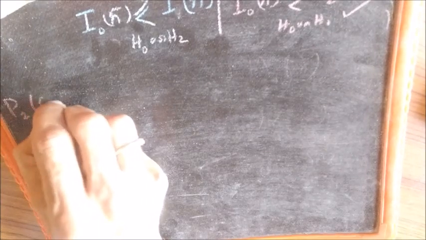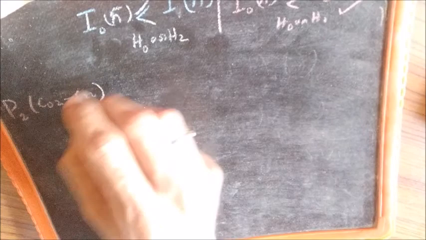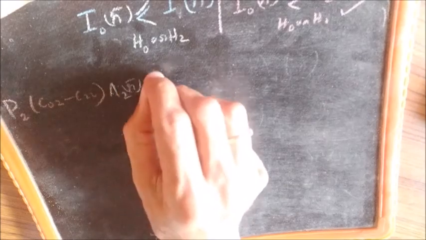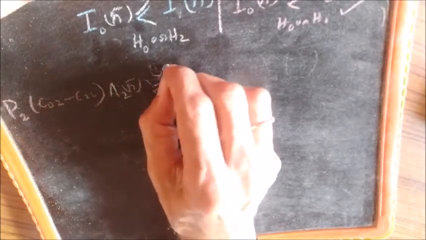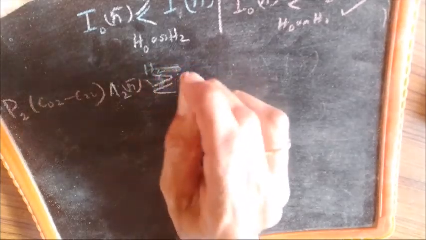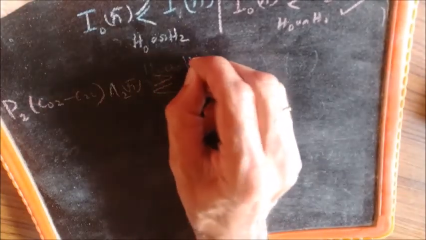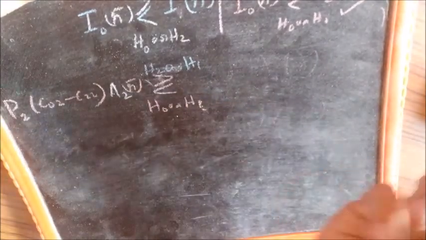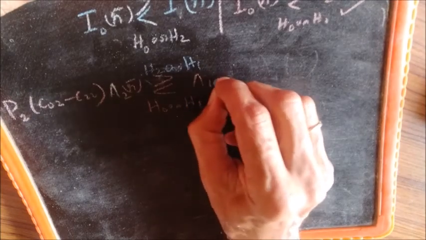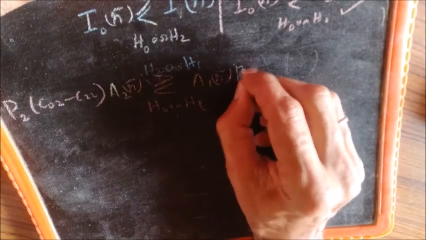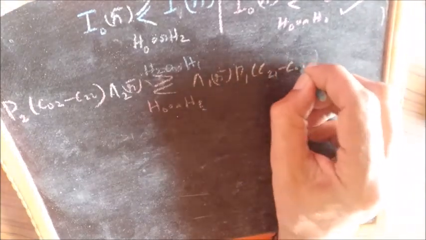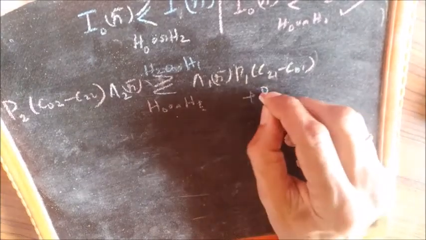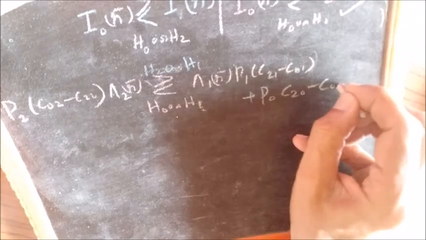P2 (C02 minus C22) lambda 2, that is the likelihood ratio, H2 or H1, H0 or H1, lambda 1, P1 (C21 minus C01) plus P0 (C20 minus C00).